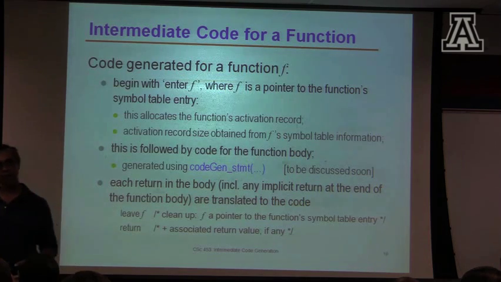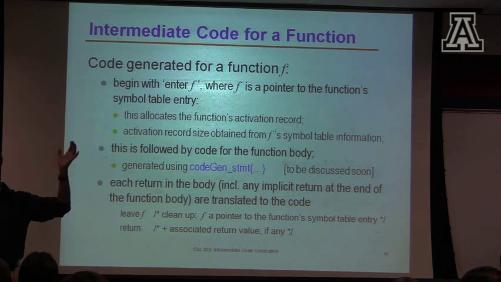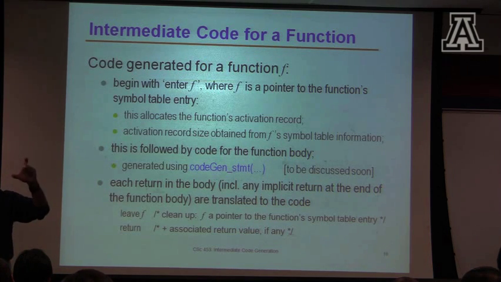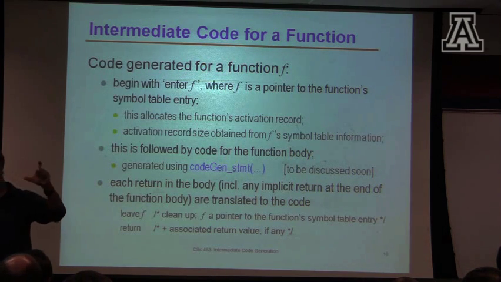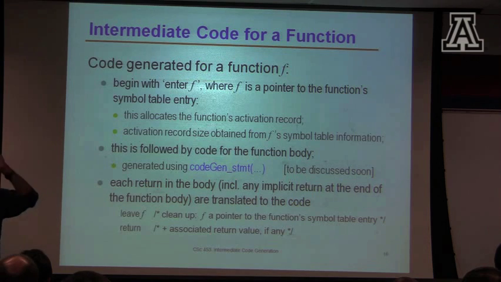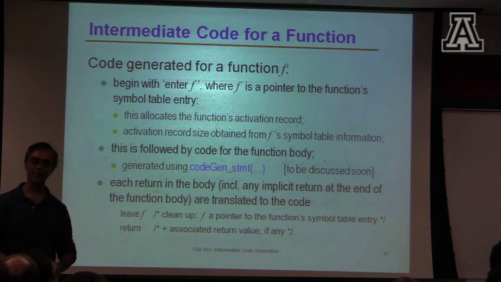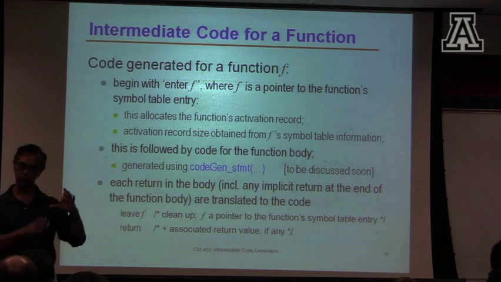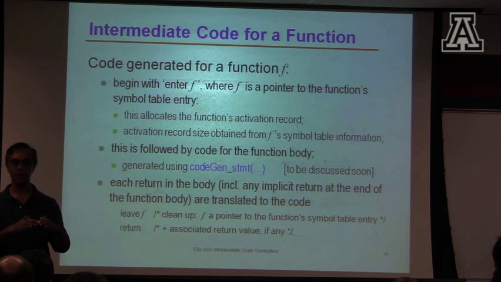In fact, if I step way back, the big picture is process the program a function at a time. Read in the function, do syntax checking, do type checking, do syntax reconstruction, do 3 address code generation, allocate space, do final code generation, then throw it all away, do the next function. Okay, so we're processing these things a function at a time.